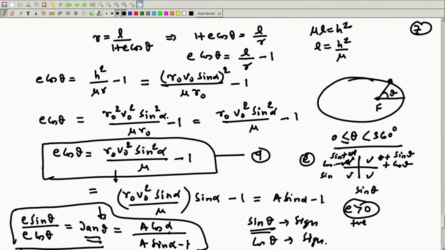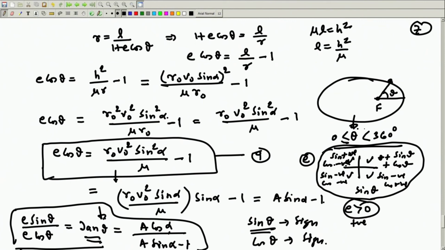Here sin is negative and cos is also negative. In this portion sin is negative and cos is positive. So, if you know the sin theta and the cos theta values, using this table you will be able to say in which quadrant theta is lying. That means you will be able to determine the exact, the right value of theta.